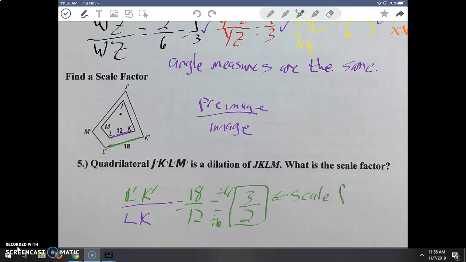So this image, the second image, is 3/2 or 1.5 times bigger than your pre-image.